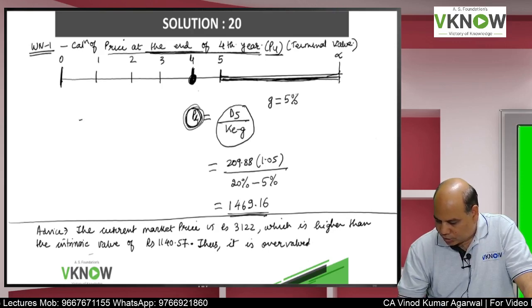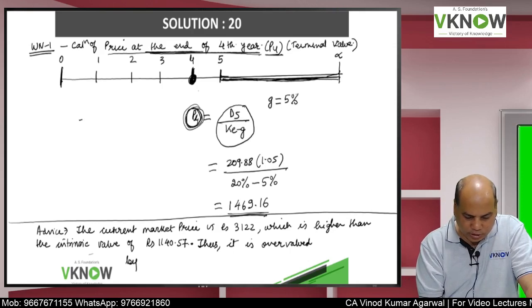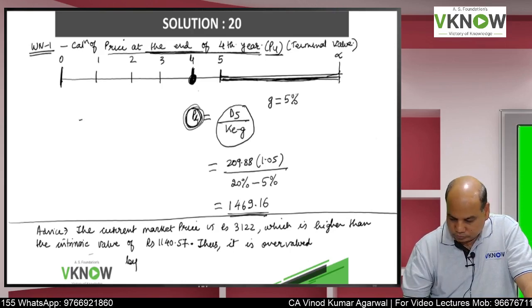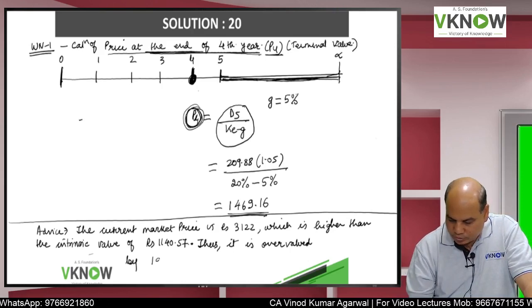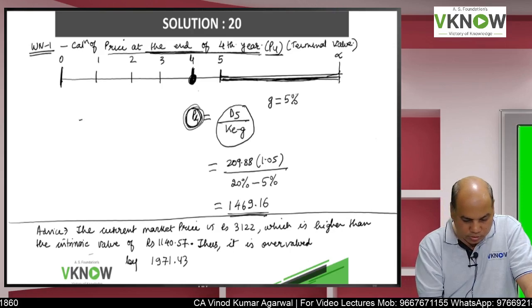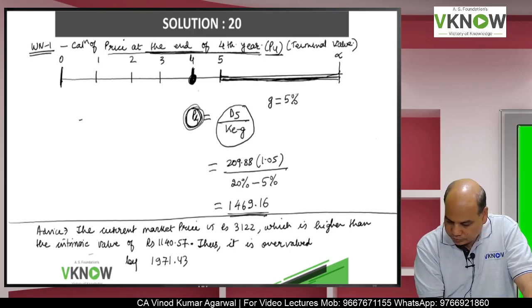Now take your calculator, the difference between 3122 and 1140.57. Done? 1971.43. Sure? Lives of many people are at stake. I am getting a different answer.